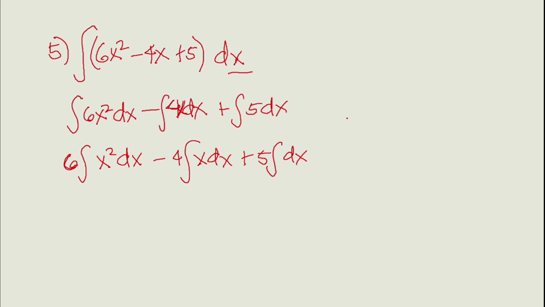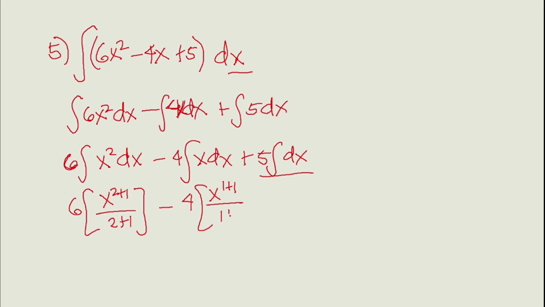Since we know already that the integral of a constant, just add the variable. So we have here 6 times x to the 2 plus 1 over 2 plus 1, minus 4 times x to the 1 plus 1 over 1 plus 1, then plus 5x. Understood? Because we solved it a while ago, plus c.